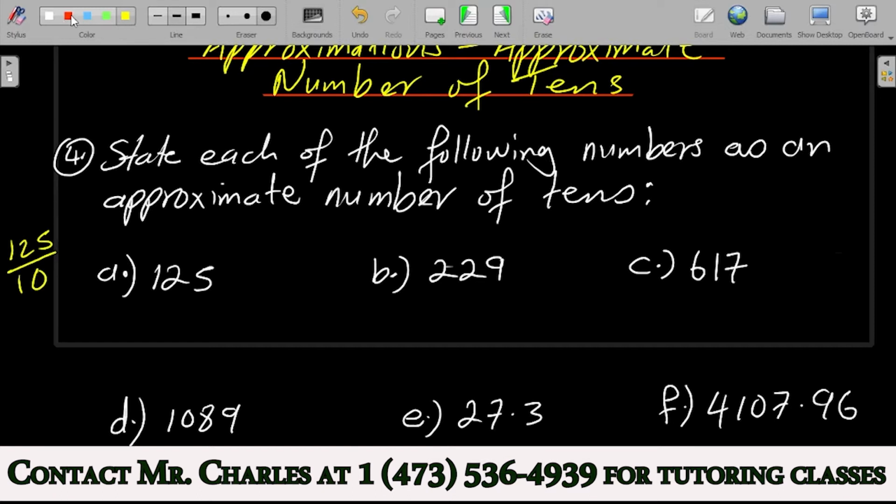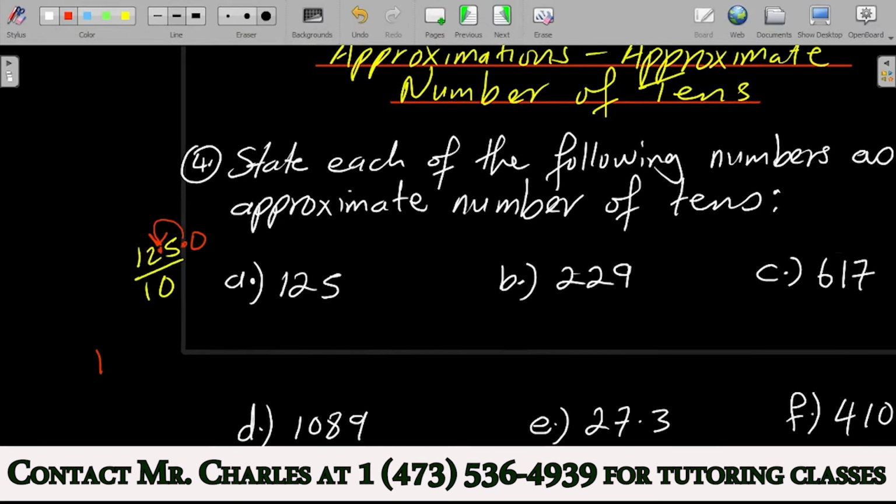And since every whole number can be written as a decimal with 0.0 at the end, or to the right of it, dividing by 10 means you move to the left, because 10 has 1 zero and we're dividing, so we move the point 1 place to the left. That means that there are exactly 12.5 tens in 125.